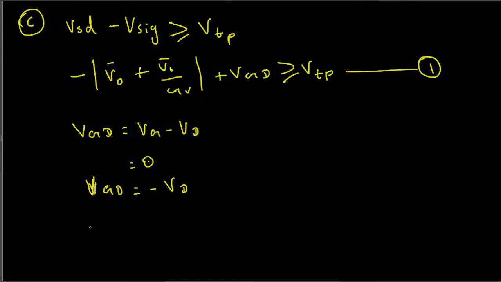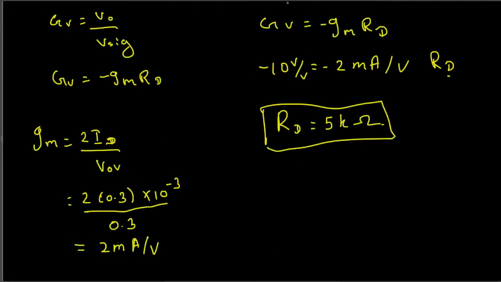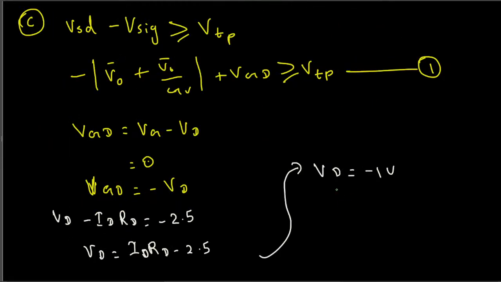So if I apply KVL, VD minus Id Rd is equivalent to minus 2.5. Therefore VD is equivalent to Id Rd minus 2.5. Id is 0.3 milliampere, and Rd we already calculated as 5 kilo ohm. So you plug that all in and solve for VD, and you end up getting minus 1 volt.